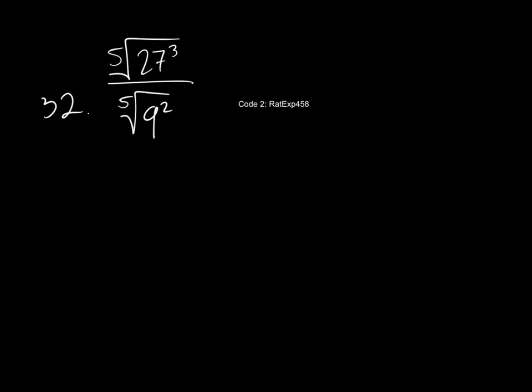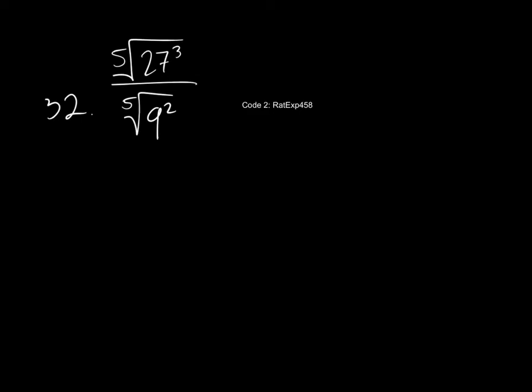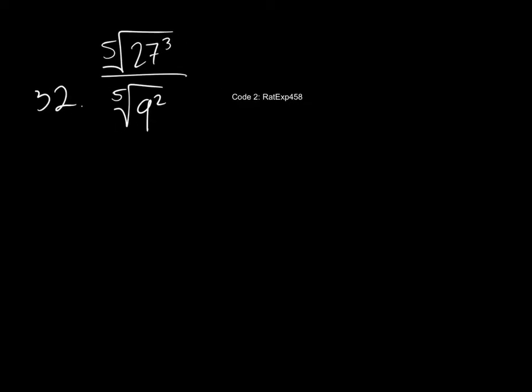Okay, now we're going to look at 32. They give us the 5th root of 27 cubed over the 5th root of 9 squared. So first thing I'm going to do is rewrite these as rational exponents. So I've got, on the numerator, 27 to the 3/5 over 9 to the 2/5.